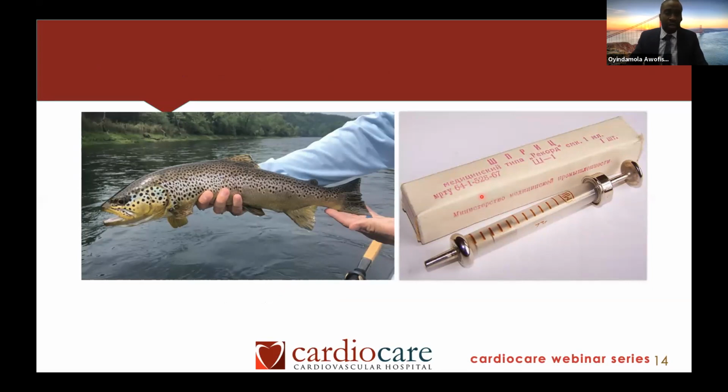The picture on the left is a fish. It's not just an ordinary fish; it's a river trout. And it's from the sperm of this fish that protamine was actually extracted, which was the first agent that was successfully used to protract the action of insulin.